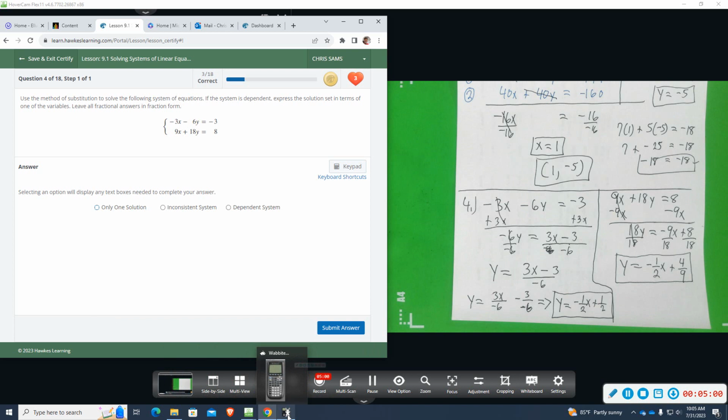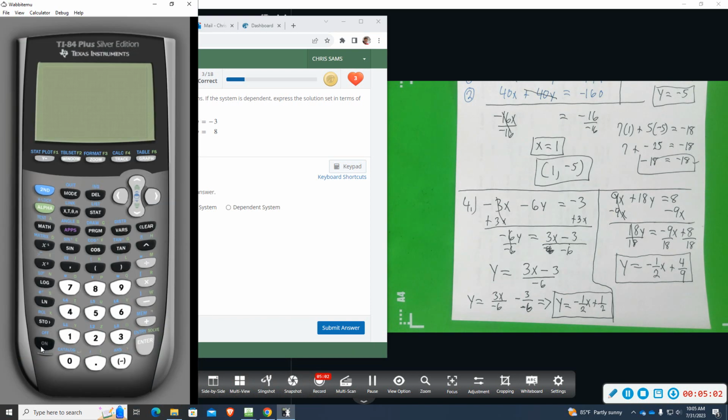So I have my little on-screen calculator. Turn it on. Go to y equal. Clear out what we have, and I'm going to type these equations in. So it already has the y over there. All I have to do is type in the right side. So I'm going to do negative 1x divided by 2.